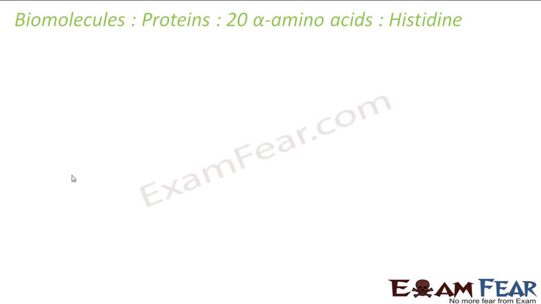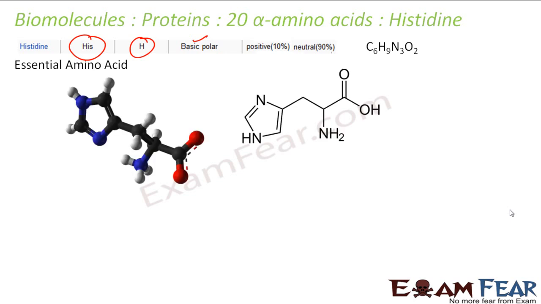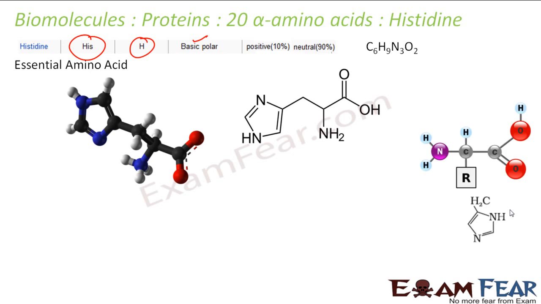The next is histidine. Histidine is HIS, 3-letter, single letter is H. And this is a little basic. The molecular formula is C6H9N3O2. This is an essential amino acid. The body can't prepare it, so it has to be supplemented by the diet. This is the structure.